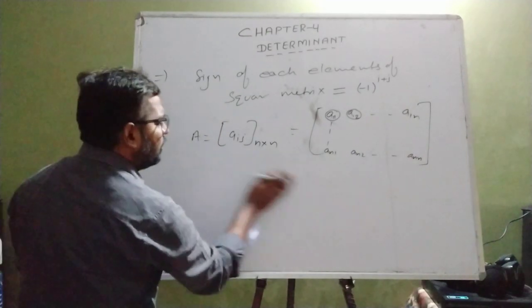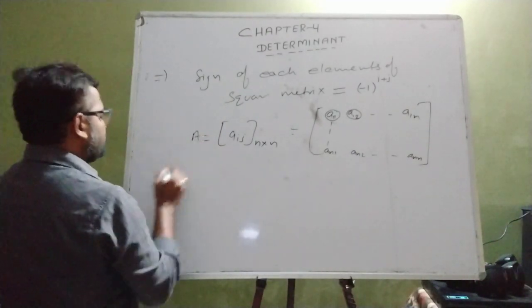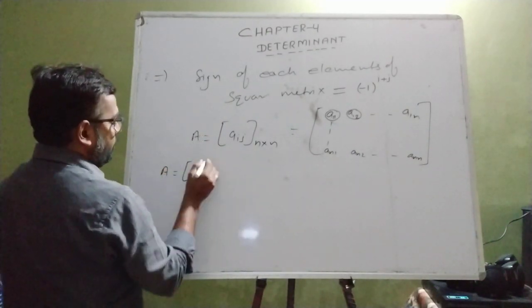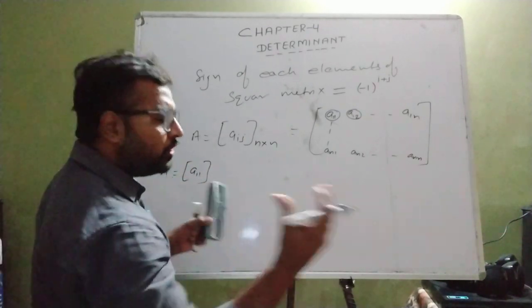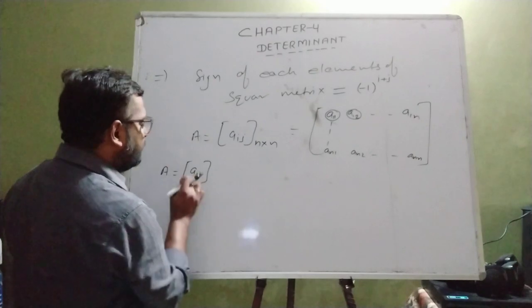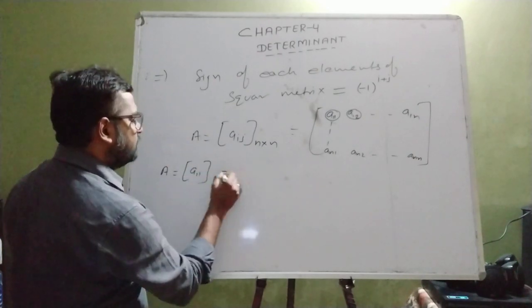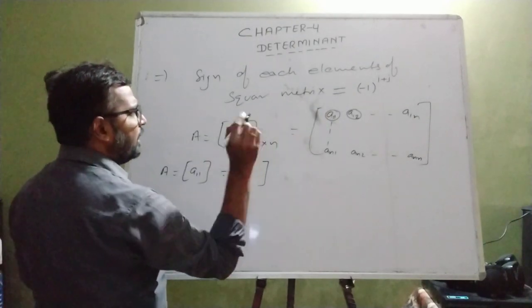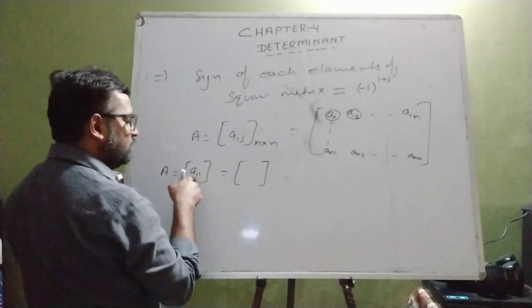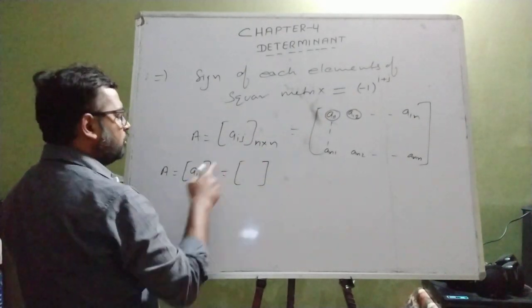Suppose we are talking about a square matrix of order 1 by 1. Then A11 will be the only element. What will be the sign of this element? To find it, just use the formula (-1) to the power i plus j. How many rows are there? 1. And how many columns? 1.